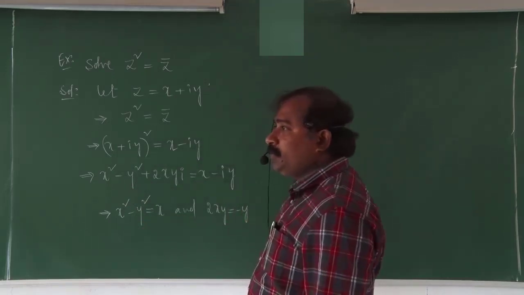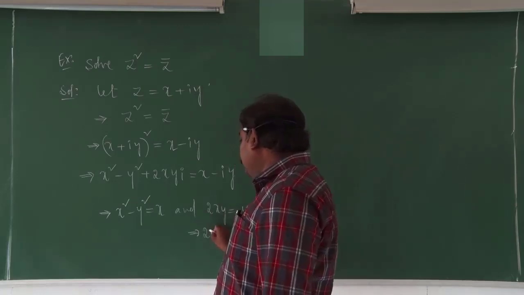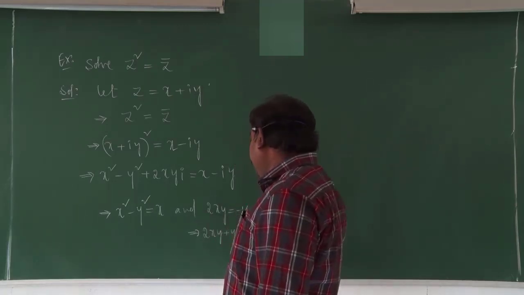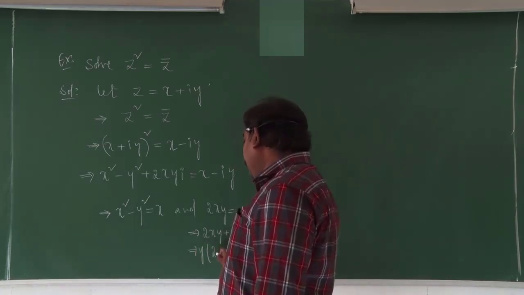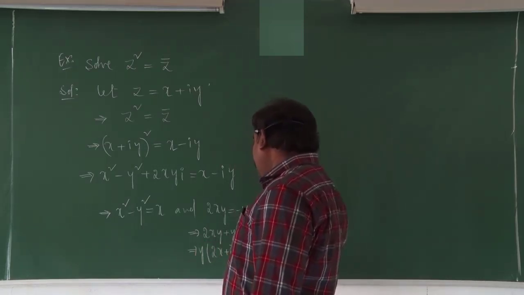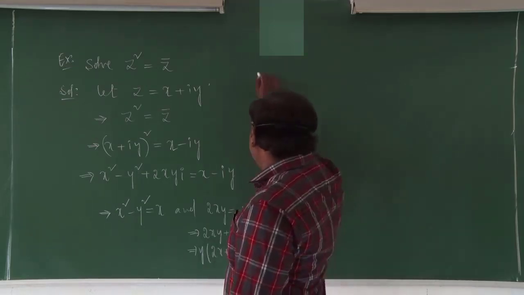Now if you bring this value to this side, 2xy plus y is equal to 0. Taking y common, 2x plus 1 is equal to 0. Means y is equal to 0 or x equal to minus 1 by 2.